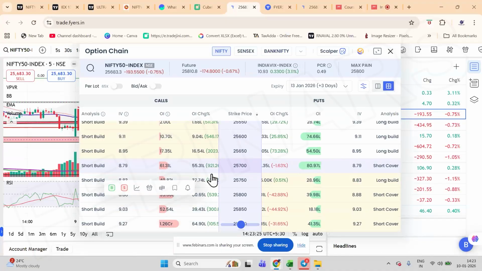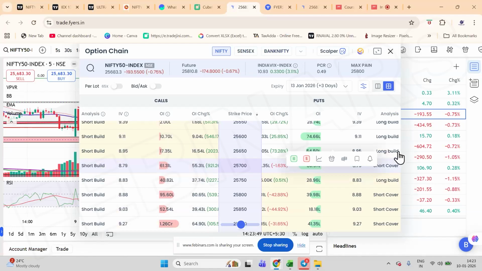Change in open interest is 921%. So there is a huge, around 18 to 20% short build-up that has been done. As per the volume data and OI data, if you calculate the percentage, short build-up has been done.